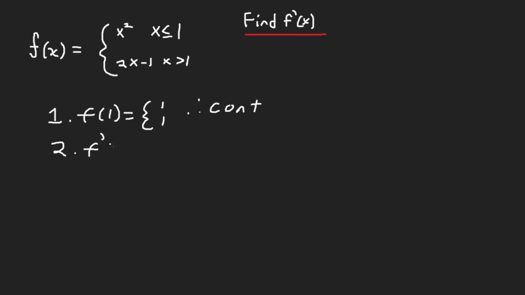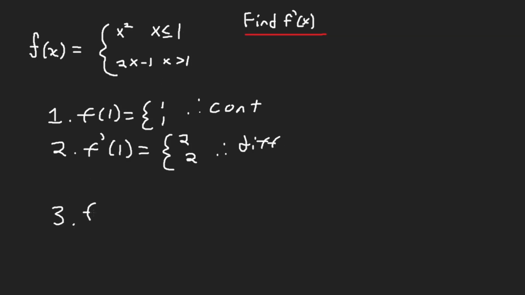Next, again, we're going to look if they're differentiable at 1. So that's 2x, and that's just 2 times 1, which is 2. And the derivative of the other piece is 2. Therefore, it is differentiable at x equals 1.